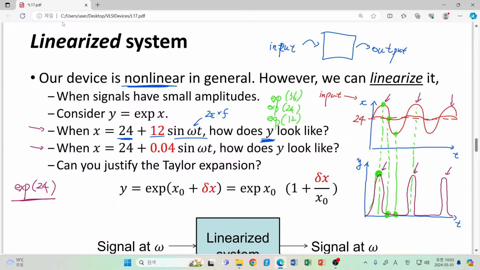Then please try to draw your y function. So you can do it, please. Then you will recognize that in this case, even your y value just looks like a combination of your average value and a sinusoidal function. That is the point.